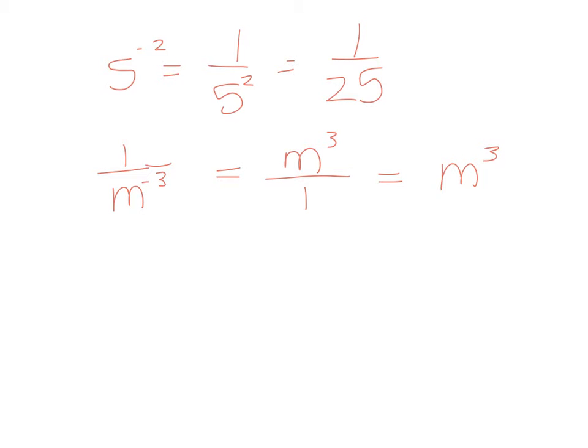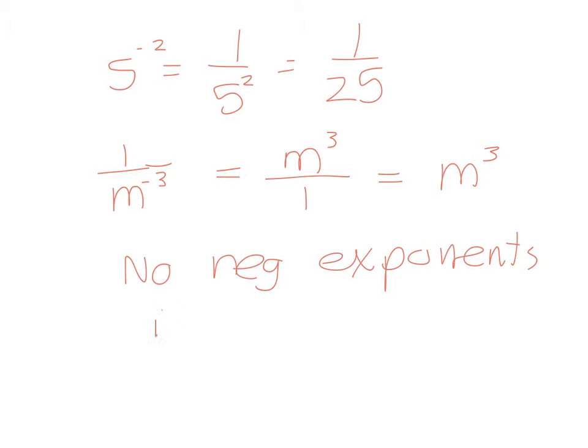So you will never leave a negative exponent. So no negative exponents as answers. Instead of leaving a negative exponent, you're going to move it to the other side to make it positive. So let's do some examples of this.